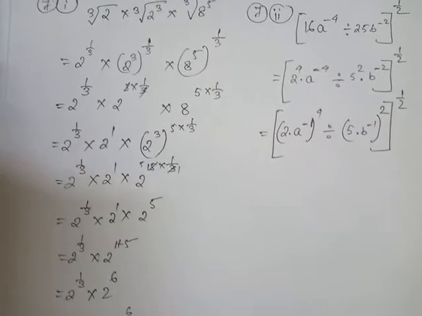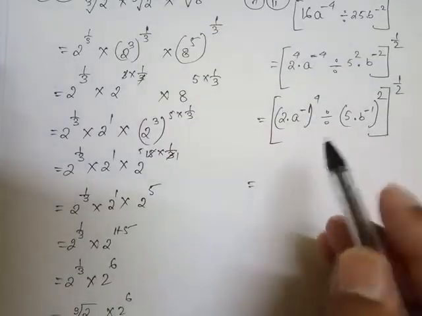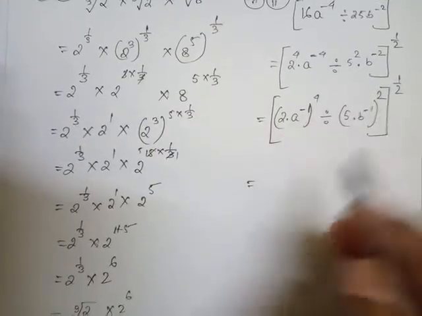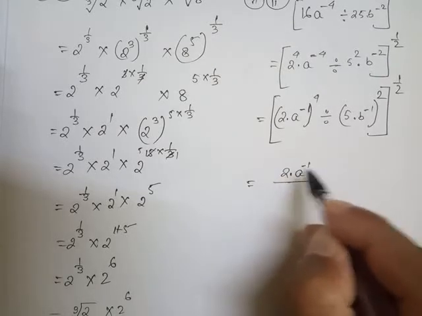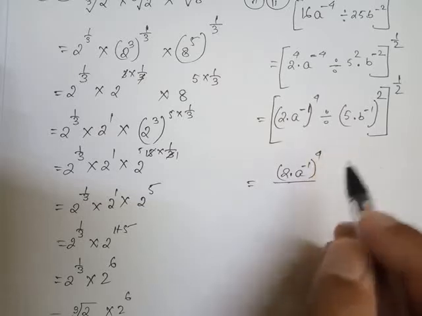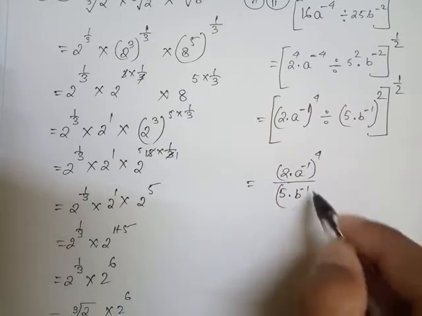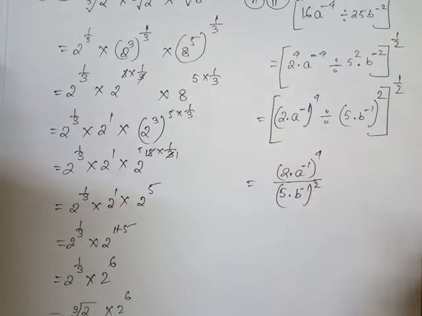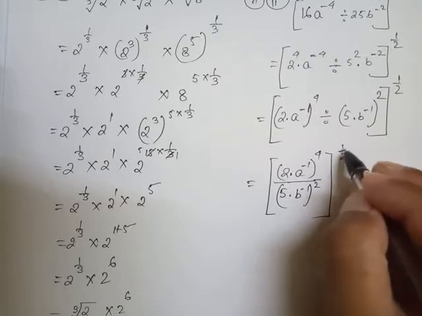Now after that there is a division sign, so this will divide this. Here I will write 2 into a to the power minus 1 whole to the power 4, divided by 5 into b to the power minus 1 whole to the power 2, and this as a whole to the power 1 by 2.